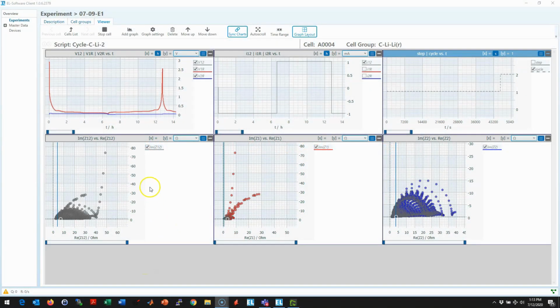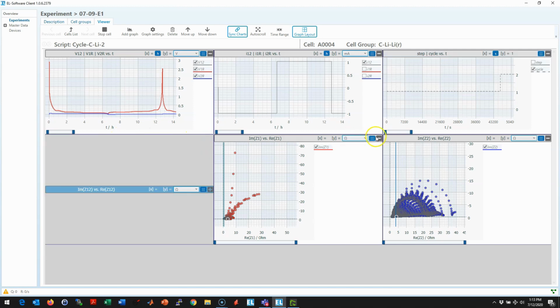After about 13 hours, the first cycle is completed, and we see here now many impedance spectra for the full cell and the two half cells. And you see this is no longer a good way to interpret the impedance data. We will therefore do that in a different way now.